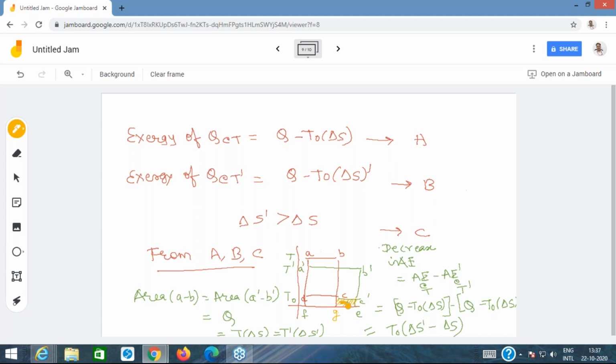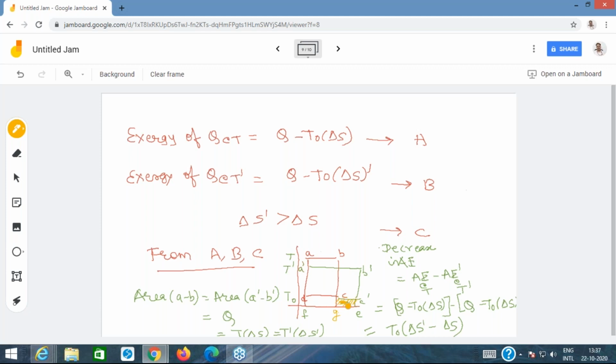Is this clear? So please note that whatever is the decrease in available energy would be equal to the increase in unavailable energy.